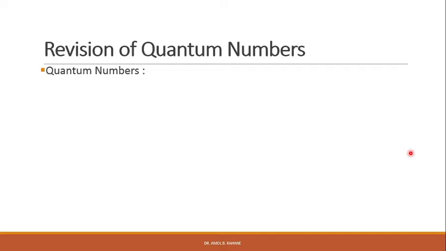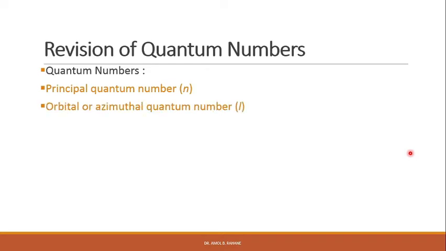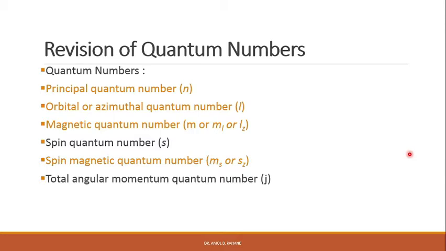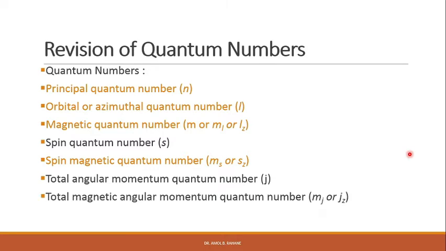These were the principal quantum number n, orbital or azimuthal quantum number L, magnetic quantum number m or ml or Lz, spin quantum number s, spin magnetic quantum number ms or Sz, total angular momentum quantum number J, and total magnetic angular momentum quantum number Mj or Jz. Out of them only 4 are important to completely specify the position of an electron in an orbital. These 4 are highlighted with different colors.